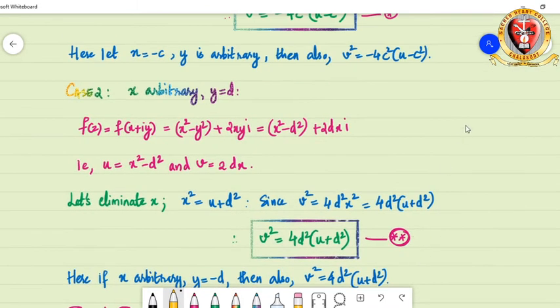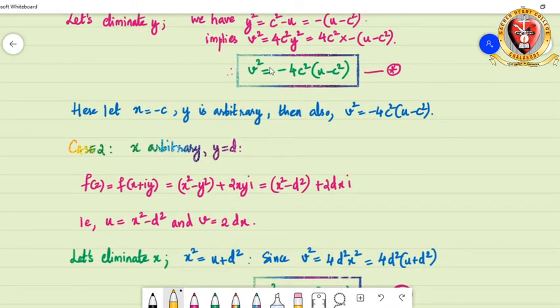So you got two equations, right? Here we are having v square is equal to minus 4c square into u minus c square. So here you have a square of v, the variable, and in the right hand side you are having the variable u, which is having degree 1. When you take a closer look at the equation, you understand that it is something like the equations we saw for parabolas, y square is equal to 4ax kind of form, right?